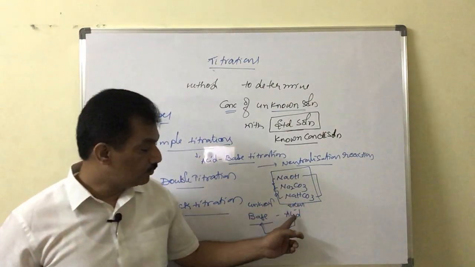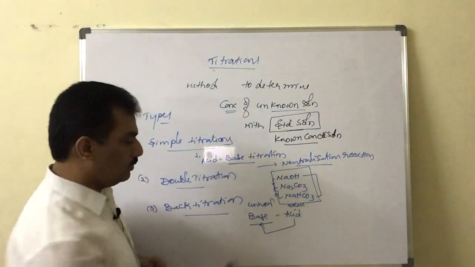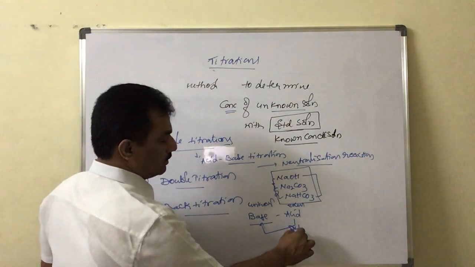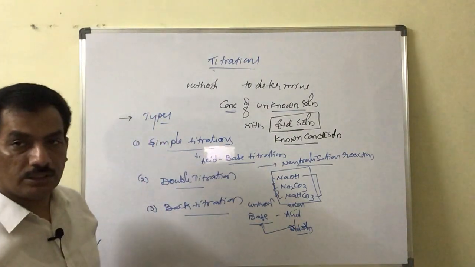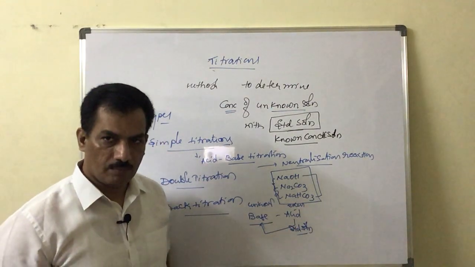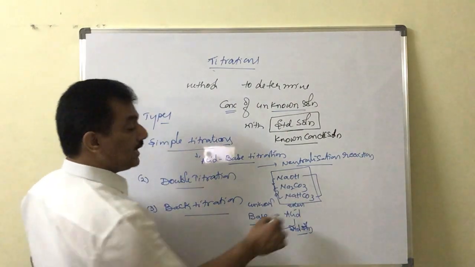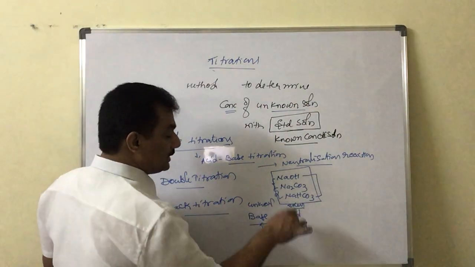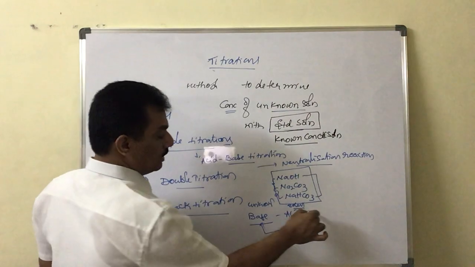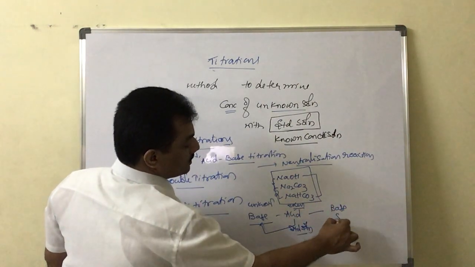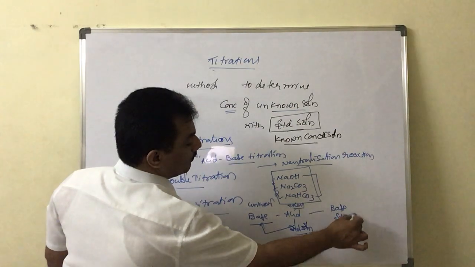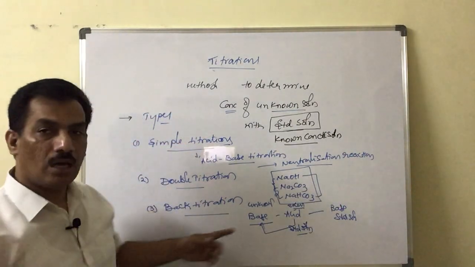The excess acid is in volume, but its concentration is known, so it is a standard solution, a known concentrated solution, but the volume is not restricted, excess volume is taken. And now, to find that excess acid present after titration, it is again titrated with a base which is a standard solution.